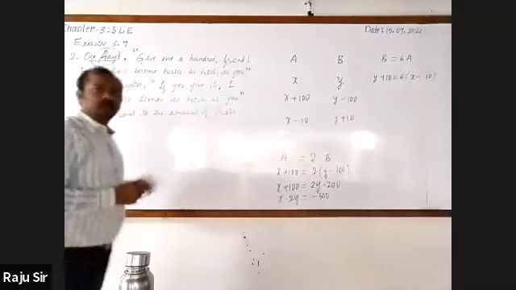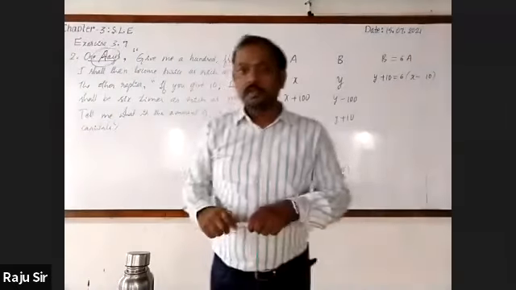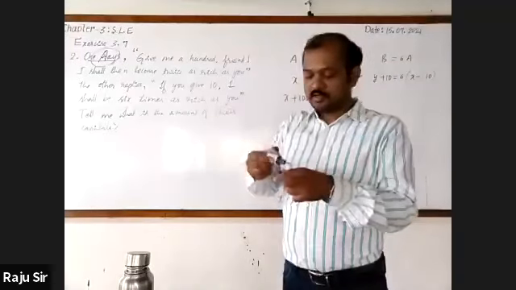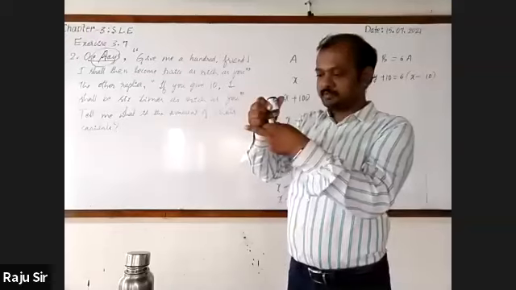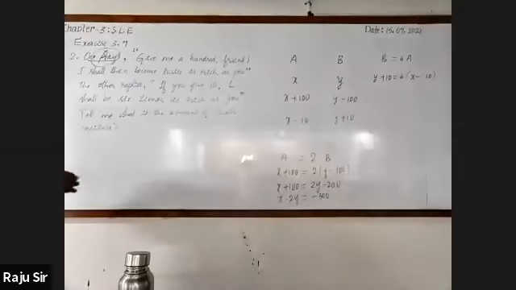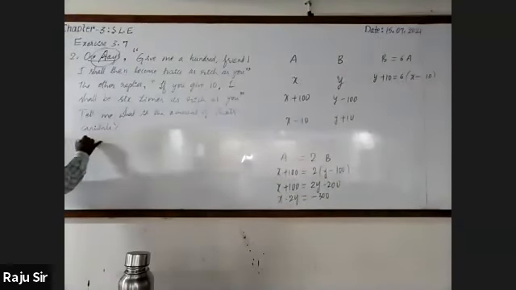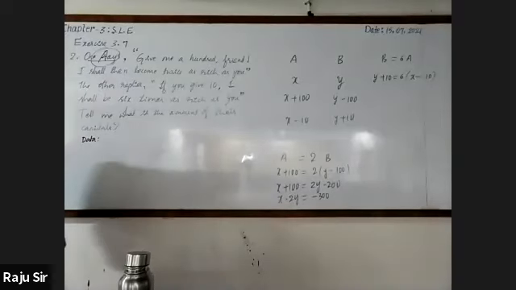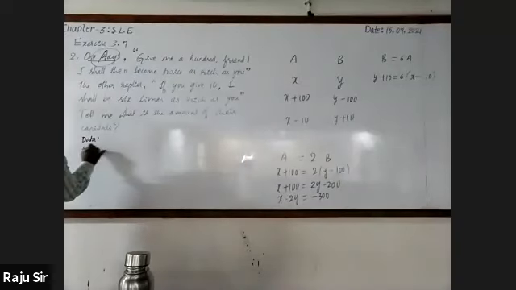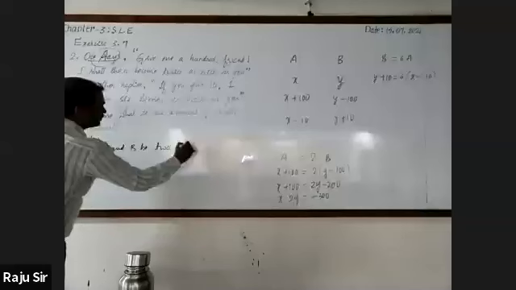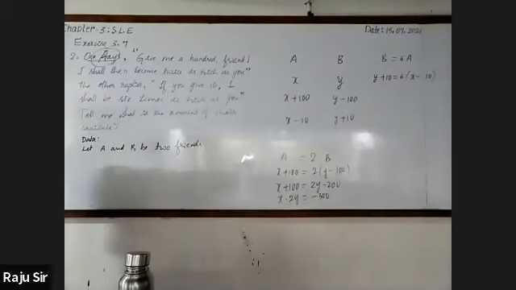Okay, now we'll go for writing. Let's start writing the data. First, I write the capital amount of A and the capital amount of B. Here we are assuming the two friends are the same. Let A and B be two friends.